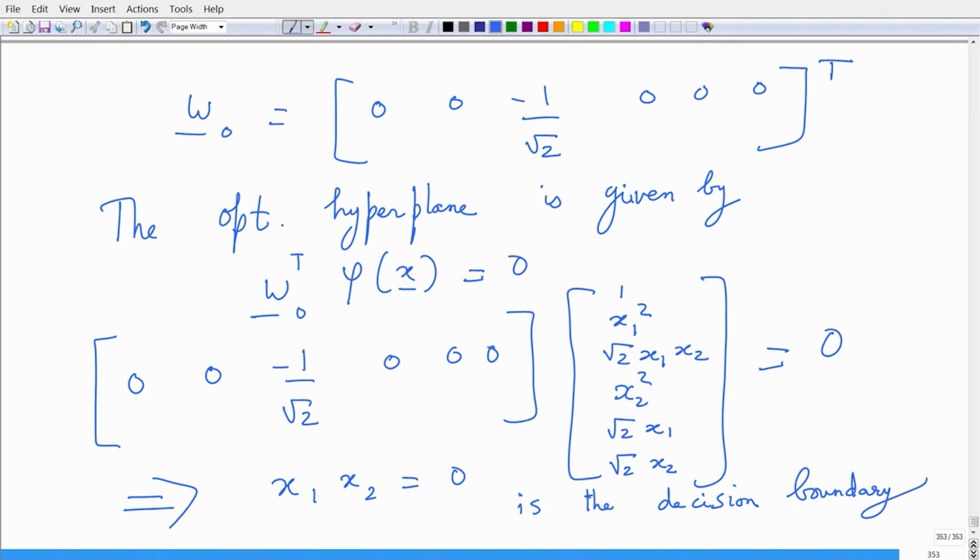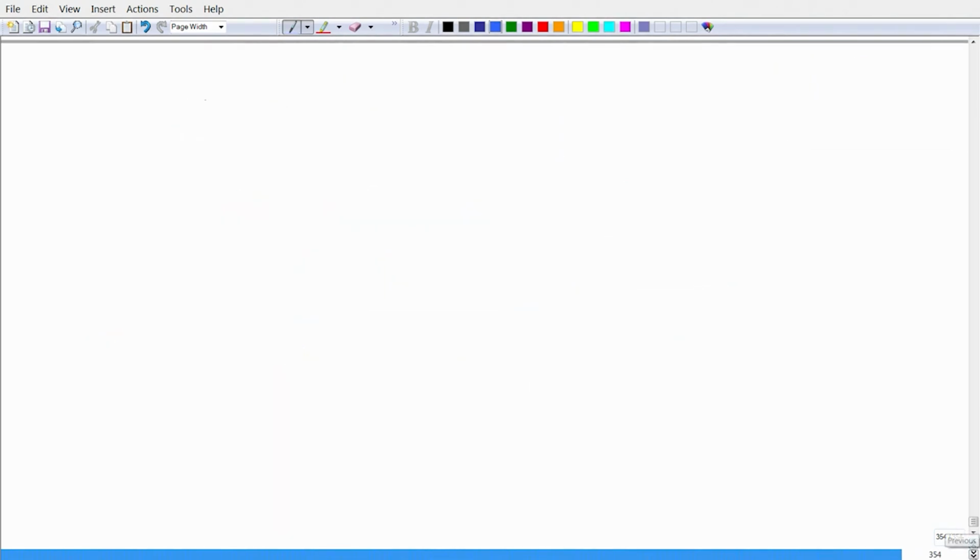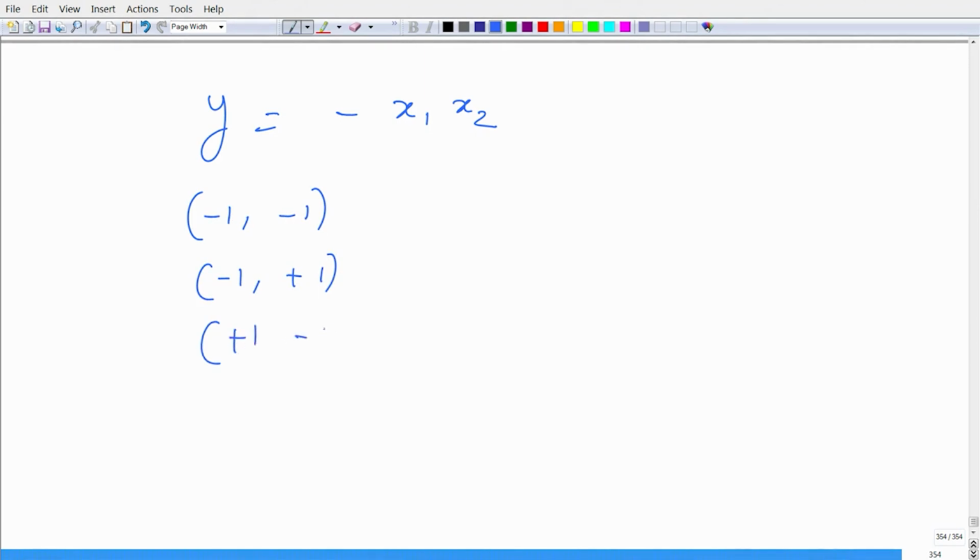Right. So, I would want to keep this sign a negative sign. So, I just formulate y is minus x1 x2, and let us see how this solves this problem. I have the points minus 1 minus 1, minus 1 plus 1, plus 1 minus 1 and plus 1 plus 1.